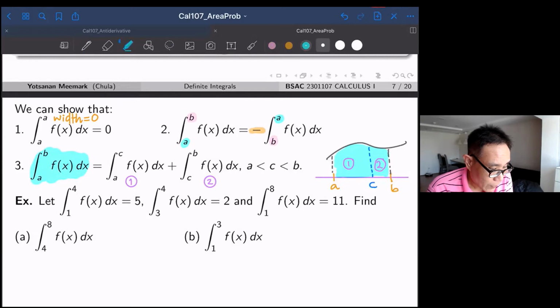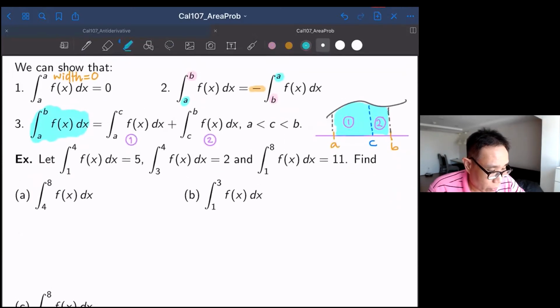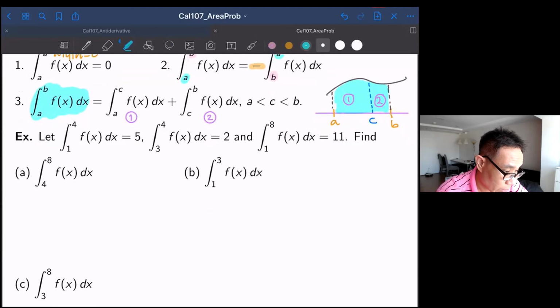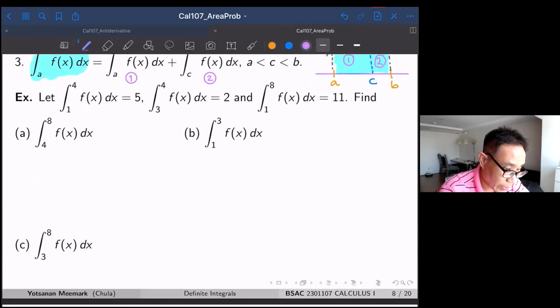Let's do one example on this idea. You have the integral from 1 to 4 of f(x) dx equal to 5, the integral from 3 to 4 of f(x) dx equal to 2, and the integral from 1 to 8 of f(x) dx equal to 11. Let me use this space to draw the picture.